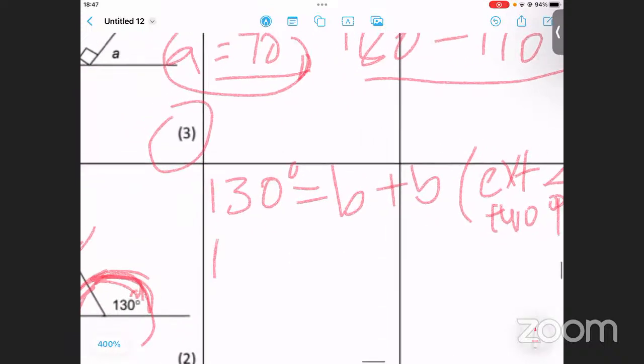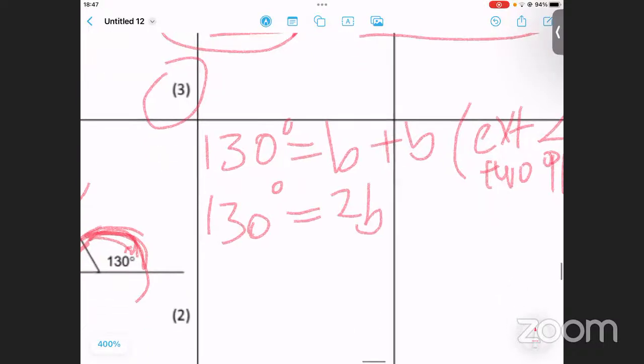So we have 130 degrees equals, what is B plus B? It is 2B. So to get rid of this 2B, you're going to divide both sides by 2.